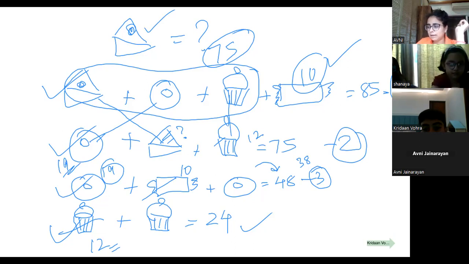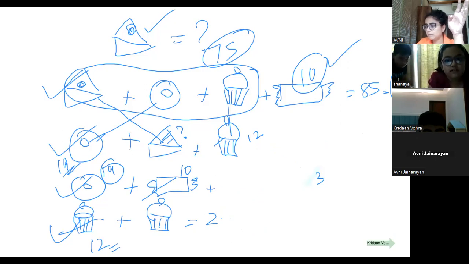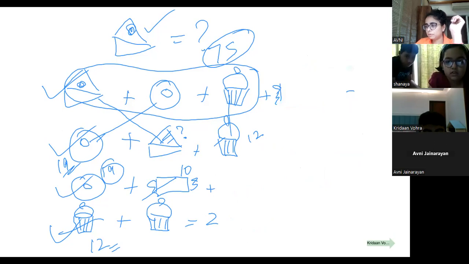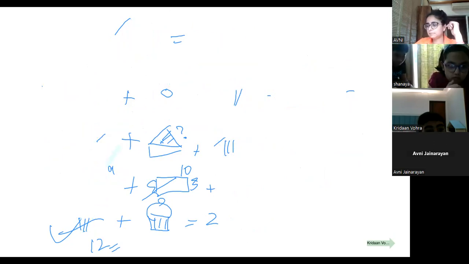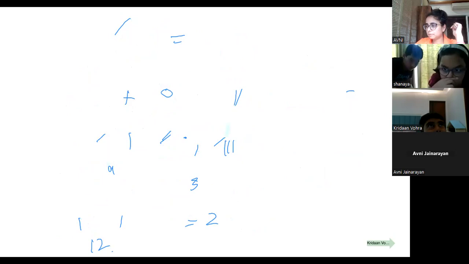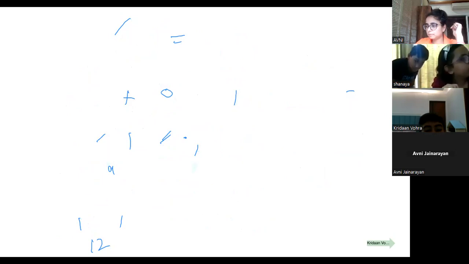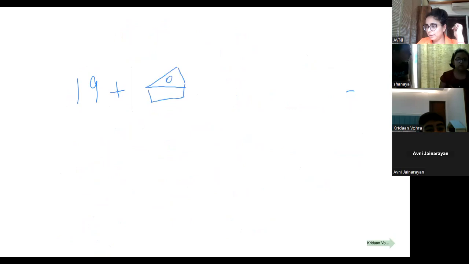I will just erase everything and I will write the equation. Okay? Remember, it is 19 plus cake slice plus 12 is equal to 75. 19 plus 12. 19 plus 12 is... 19 plus the cake slice, wait, plus 12 is equal to 75.